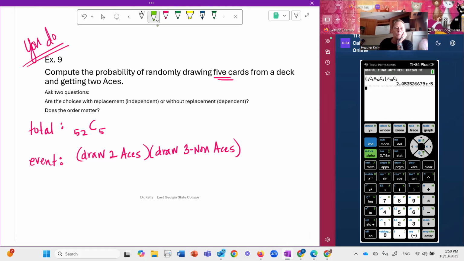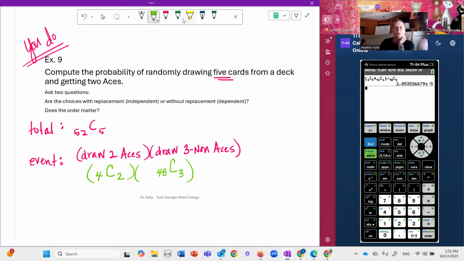Okay. So, drawing two aces. Of the four aces that you can draw, we're asking what's the chance we'll draw two of them. And there is still the same remaining 48 cards left, and now we're only choosing three.